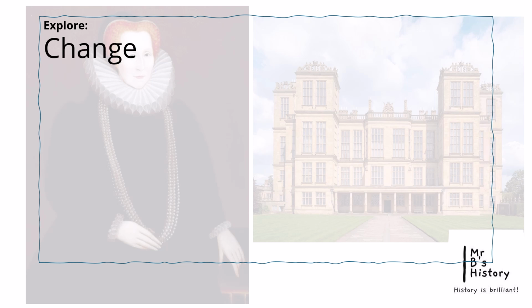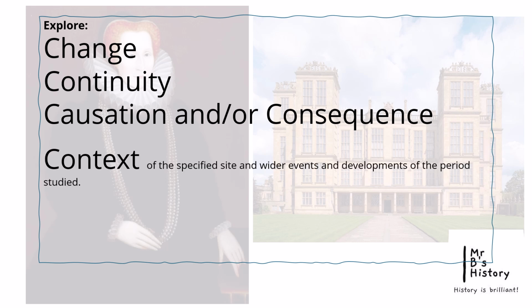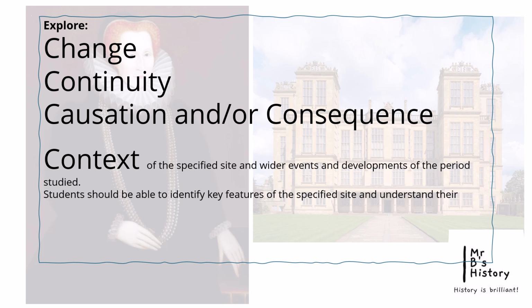So you need to know how it represents change across the Elizabethan period, how it represents in some way, shape or form continuity, things that stayed the same, how it might inform people saying about why it was built, the causation, or what were the consequences of such a development. You need to know about the context, what's going on at the time, what are the general themes going on in Elizabethan England, the Golden Age, etc., etc.